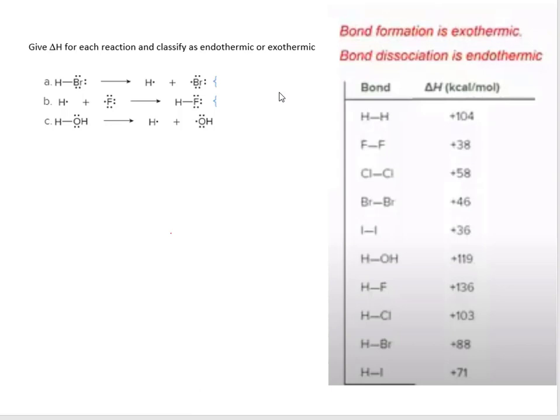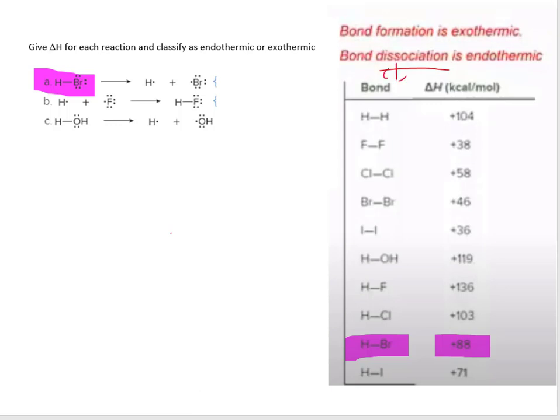Okay, hopefully you have paused and taken a minute, but let's look at HBr. So here we are breaking a bond. And if we look over here at our dissociation energies chart, we're going to find HBr and notice that the delta H is plus 88 kilocalories per mole. Now remember, dissociation is endothermic, and that's breaking, right?